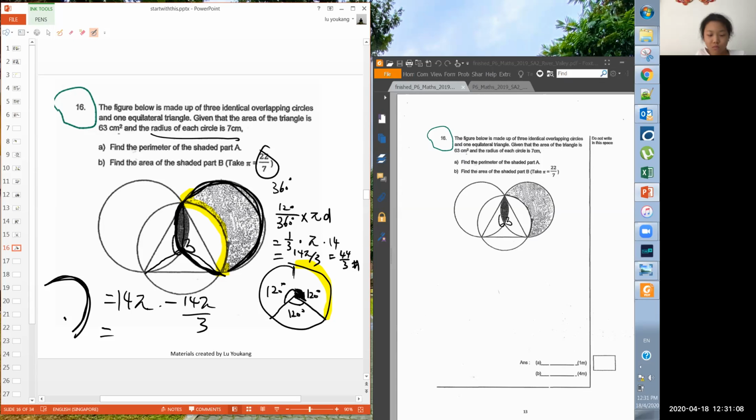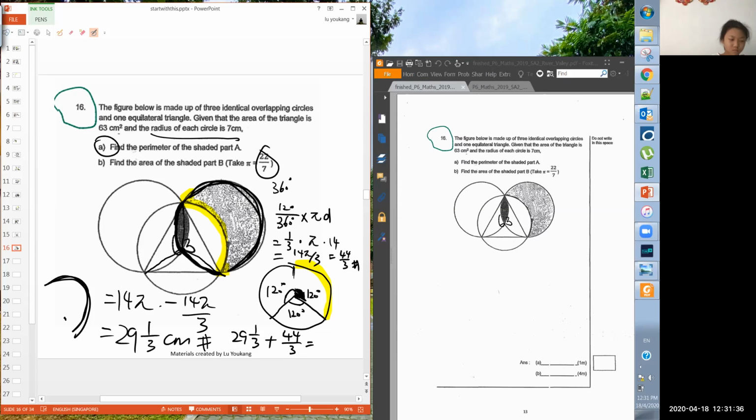So you are supposed to get 29 and 1/3 cm. Yeah, that's the black line. So the black line plus the yellow line. So 29 1/3 plus the 44/3. This will give you the part A.